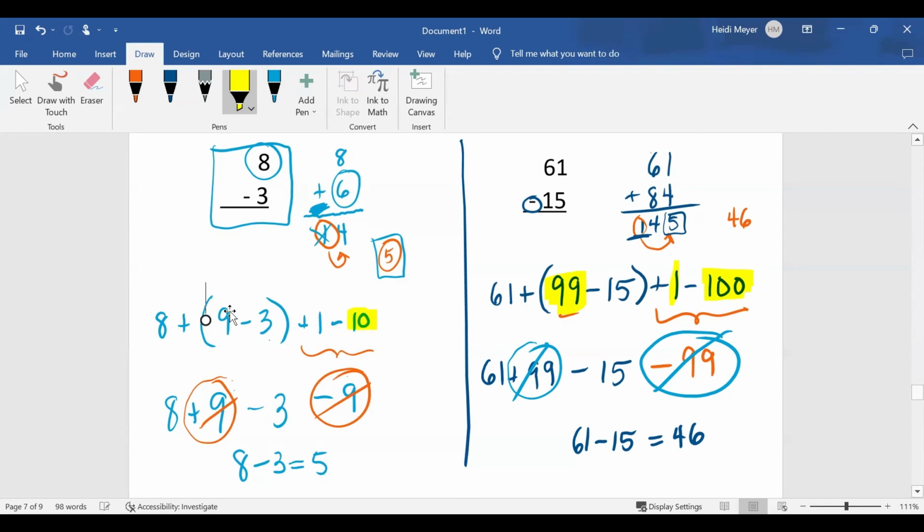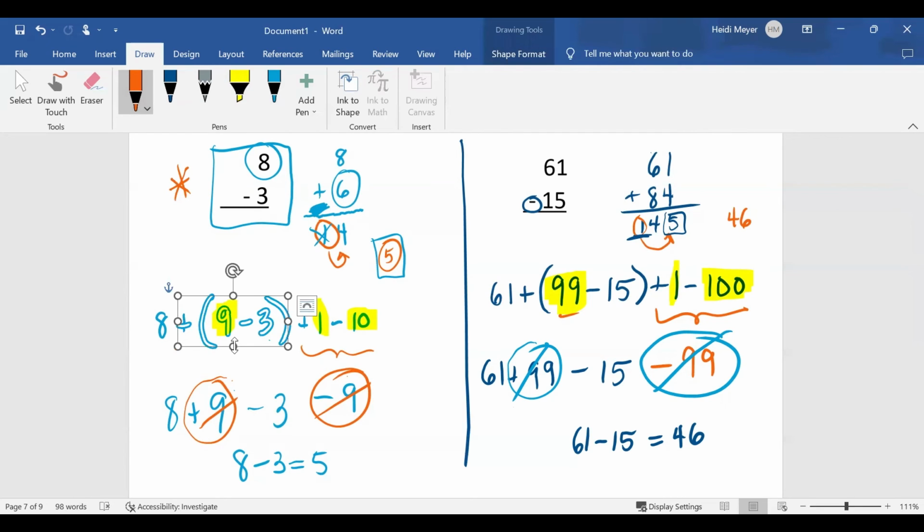We've got a 10 here and a 9 here. The difference between those numbers is 1. Also think about the digits. In this first problem, I was working with single digits and we had a 9. Here we were working with double digits and we had a 99.